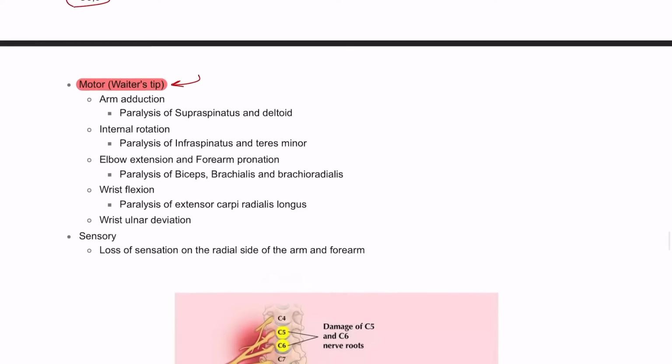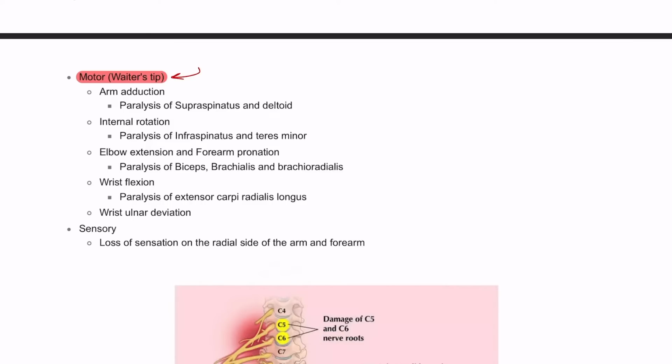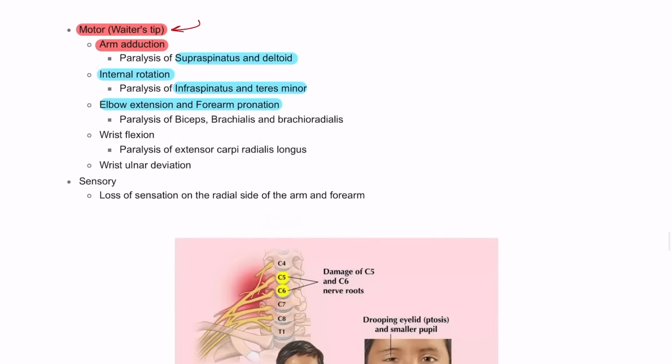So if we go back, these are the effects on the upper limb. There will be arm adduction due to paralysis of the abductors of the arm, supraspinatus and deltoid muscle, internal rotation due to paralysis of infraspinatus and teres minor muscle, elbow extension and forearm pronation, and then wrist flexion with wrist ulnar deviation. And sensory loss will be basically on the radial side, as if the median nerve is affected.